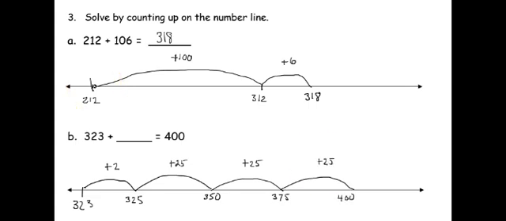The answer to fill in the blank is how many hops did I do? 323 plus how much takes me to 400. I did 3 hops of 25, so that's 75, plus 2 more would be 77. 323 plus 77 equals 400.